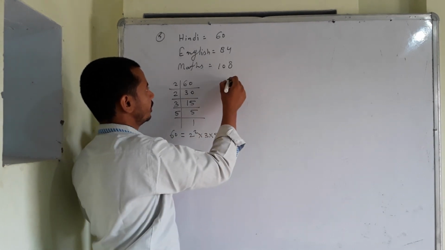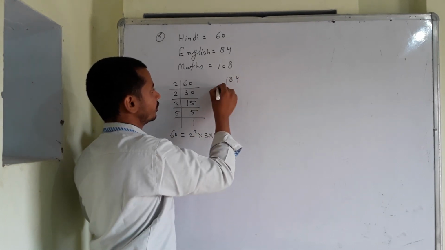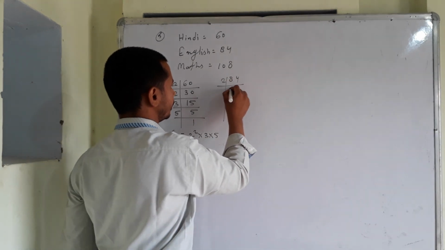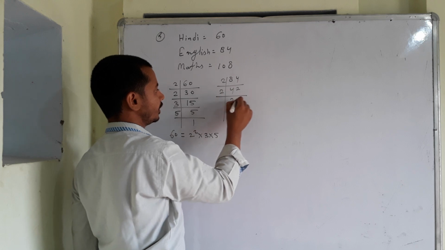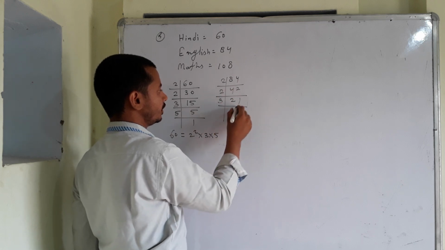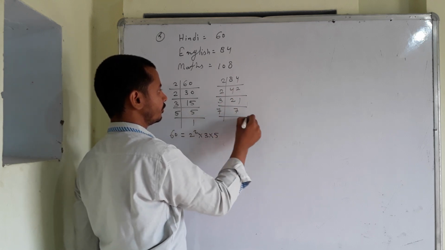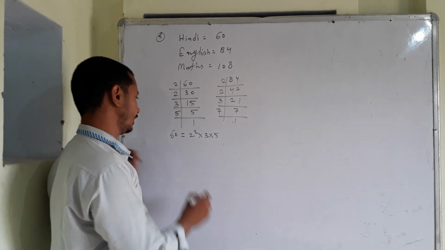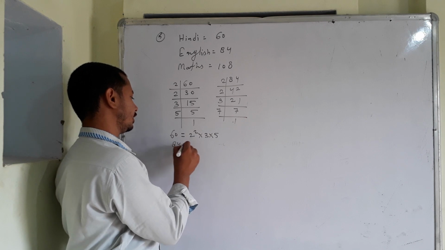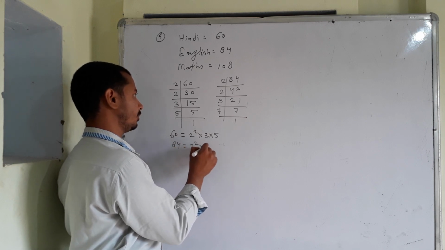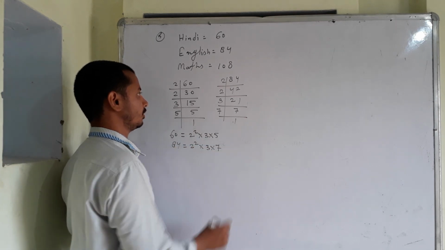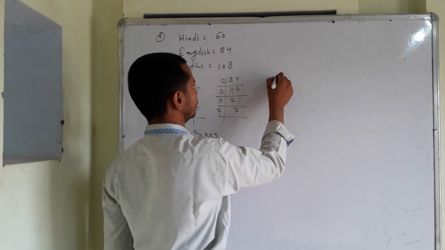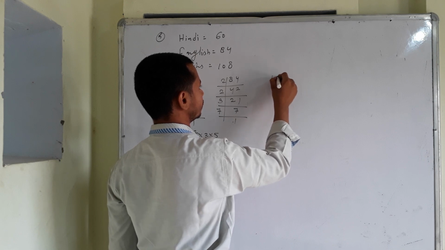Okay, factorize 84 by 2, so we find 42, again divide by 2, so we find 21, divide by 3, then we find 7, and the last factor of 84 is 7, so we find 1. Okay, and 84 equals 2 square multiply 3 multiply 7.